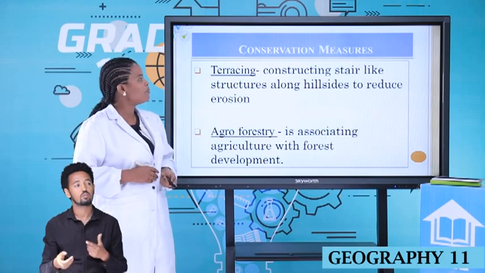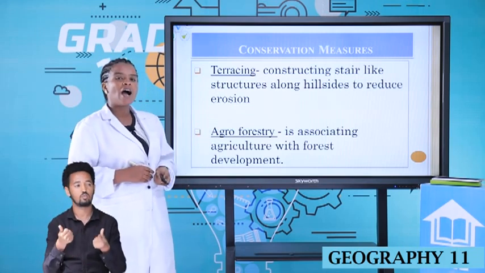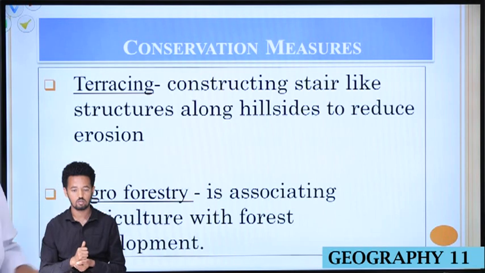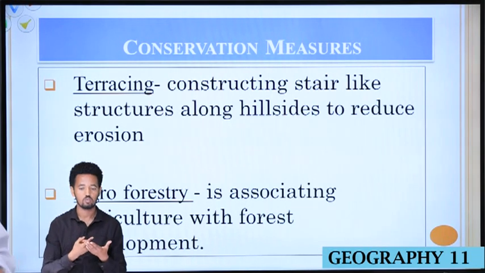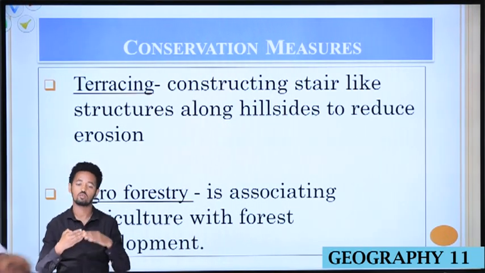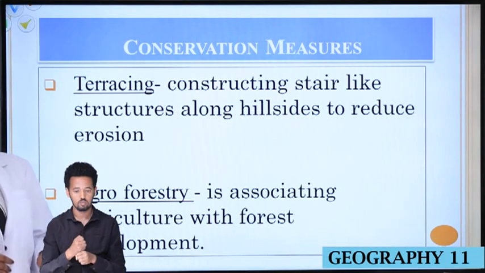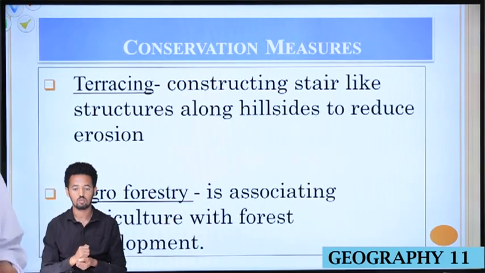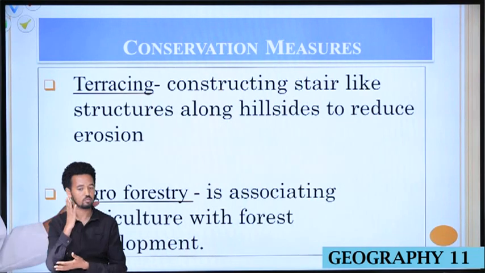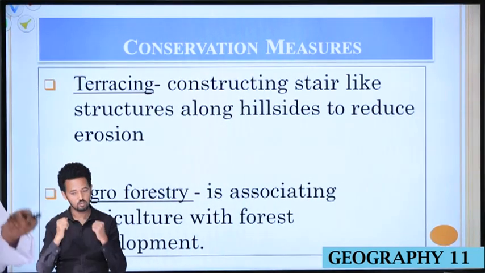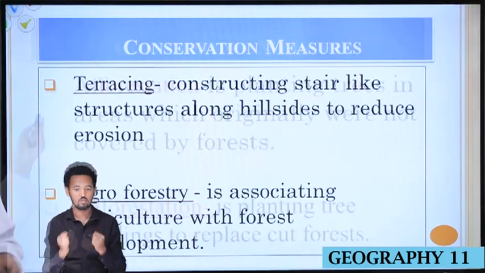The second type of soil conservation measure is agroforestry. Agroforestry is the association of agriculture with forest development. Planting forest around farmland has many benefits, for example, forests act as windbreaks and control running water.